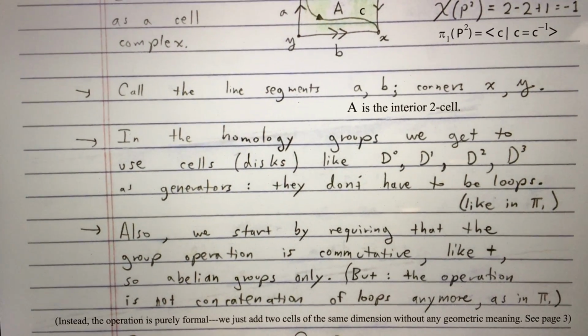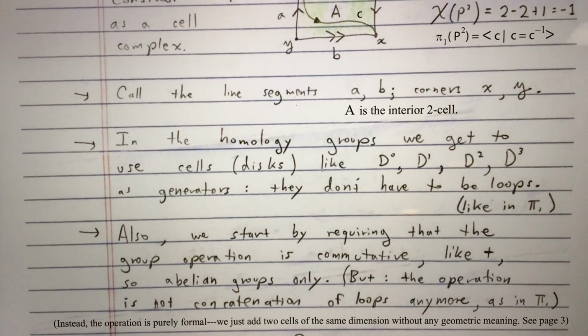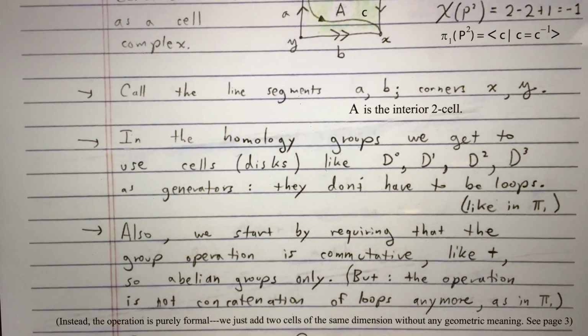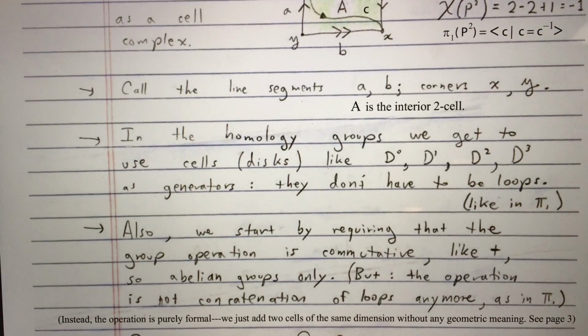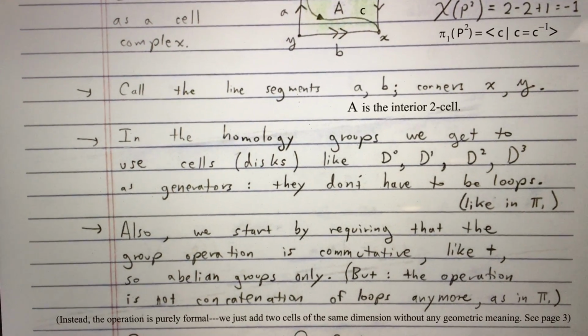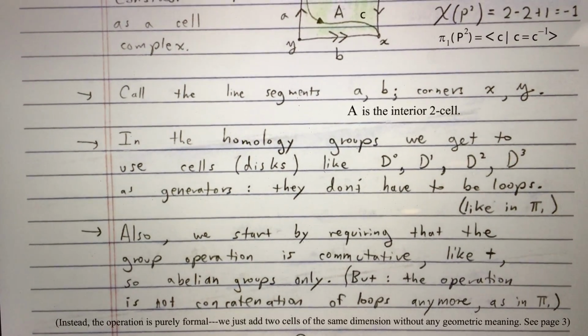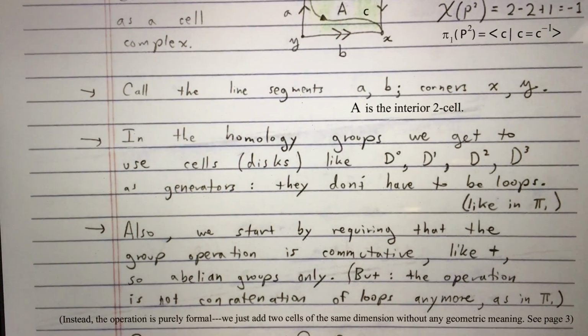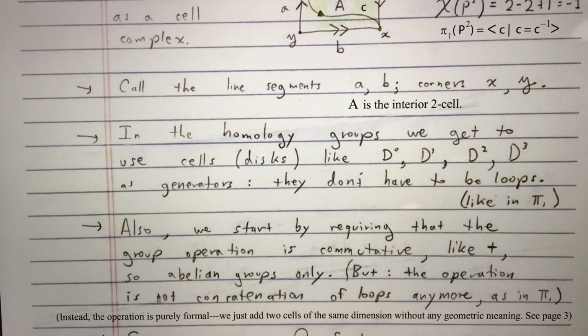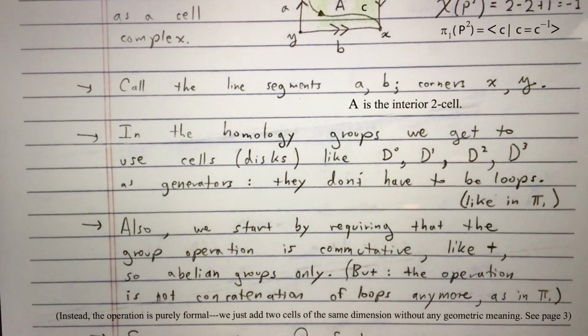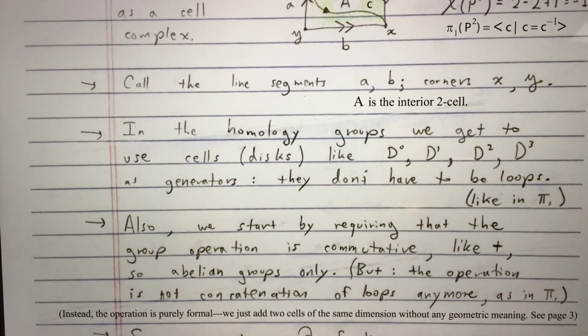Instead, the operation is going to be purely formal. We're just going to add two cells of the same dimension without any geometric meaning, just like putting together a word out of letters, but without any geometric meaning this time. And we'll mention that on page 3 again.